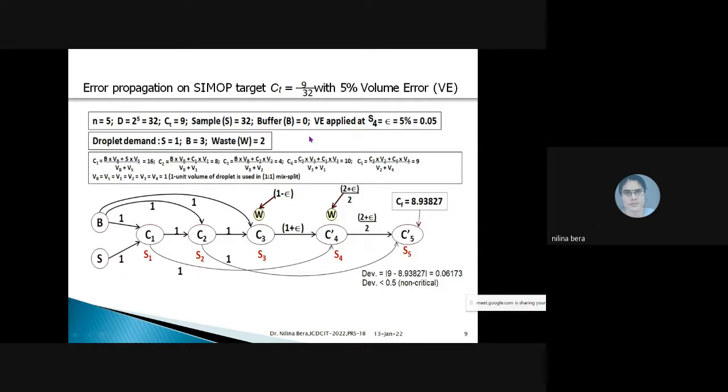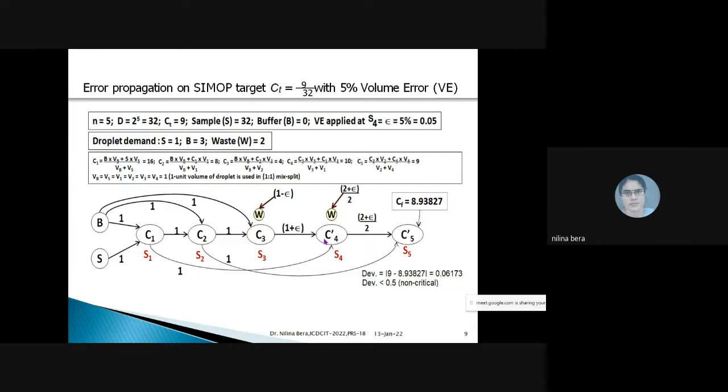Now the error propagation in the CMOP target. Suppose n equal to 5, so the denominator is 2 to the power 5, that means 32. The target, suppose, is 9, so 9 by 32. This is how it is performing, in 5 steps. Here we are assuming there is a volumetric error.